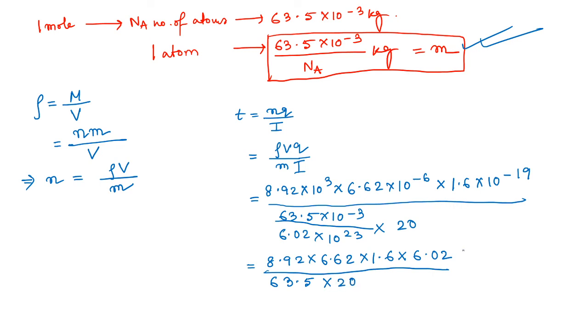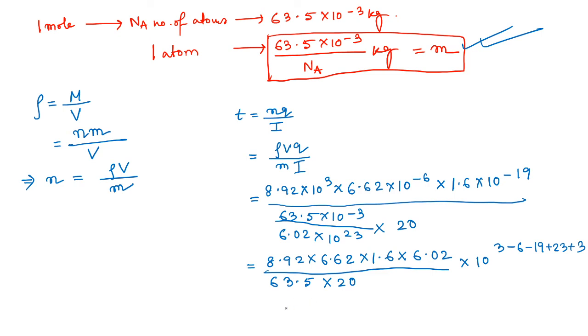Here it is into 10 to the power plus 3 minus 6 minus 19, plus 23, and when minus 3 goes up, it becomes plus 3.